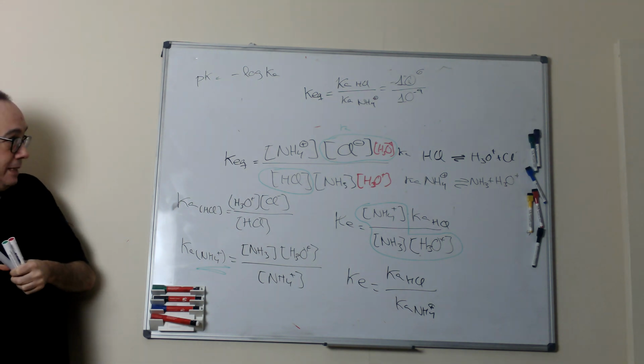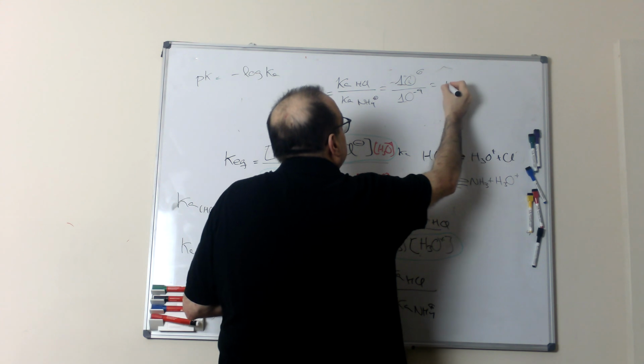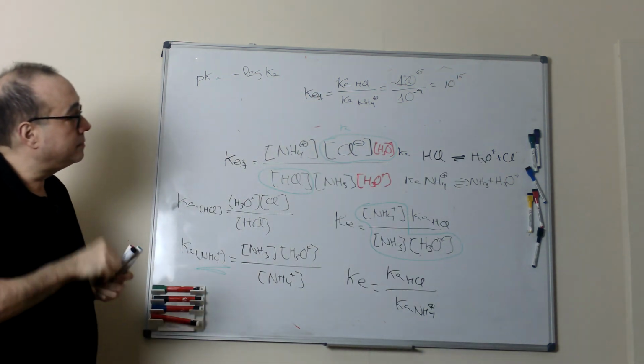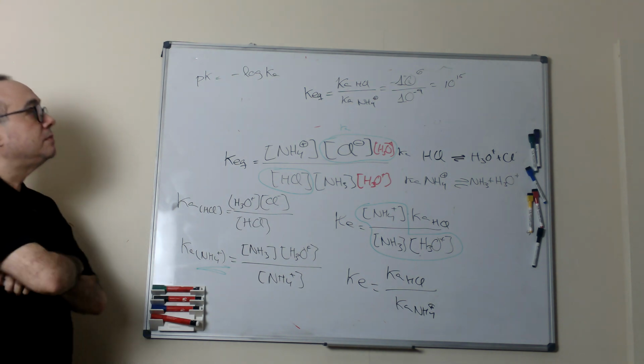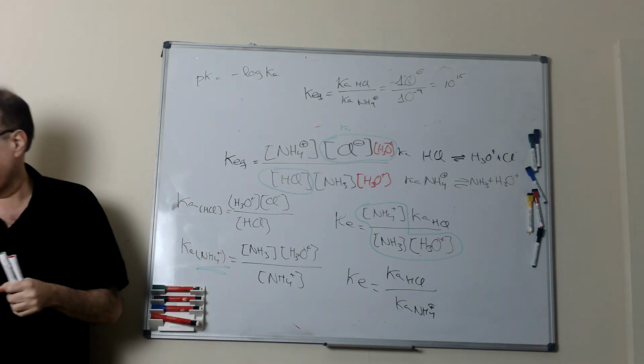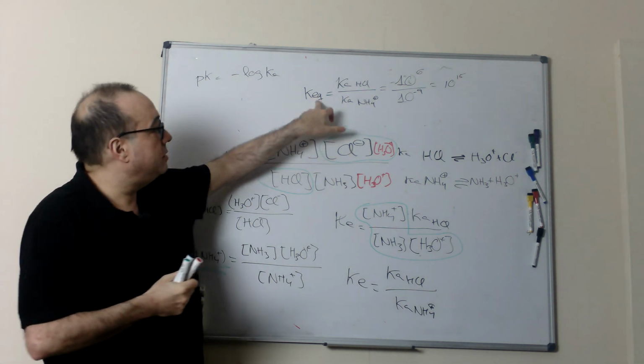Okay? That means that the equilibrium constant will be 10 to the 15. And this will be the result.